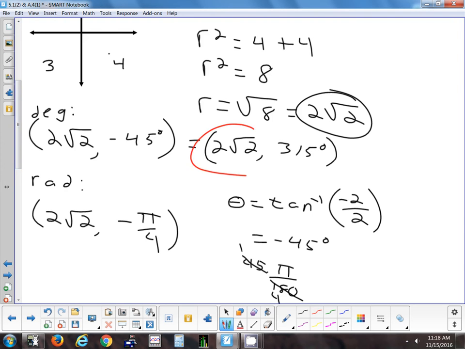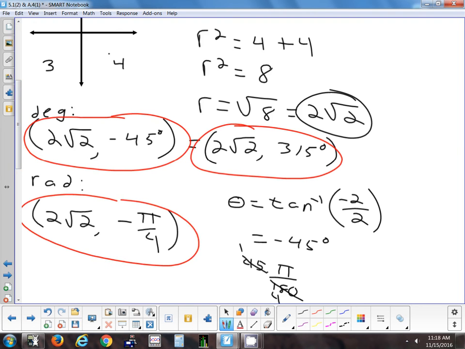Okay, so any of the things that I circled, these are all correct. So you could write it in degrees, and there's two other ways we could write it in degrees too. I won't go through all four, but you could do it with the negative radius as well. And same in radians. You could take every answer you have in degrees, and you could change them to radians. So there's lots of different ways you can write it.